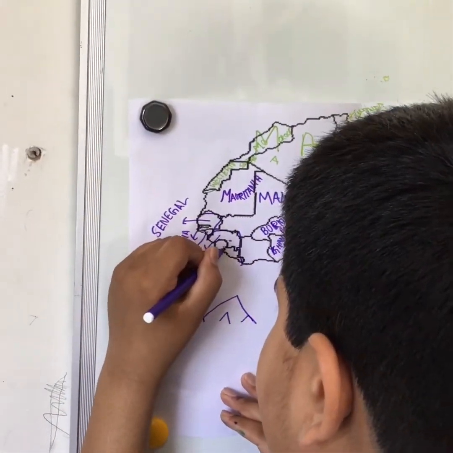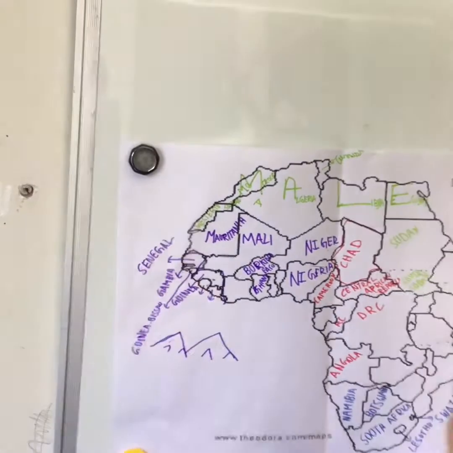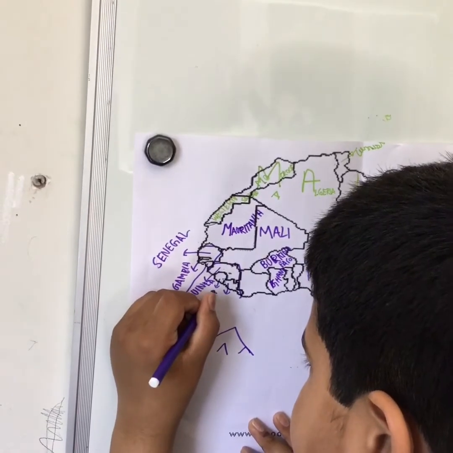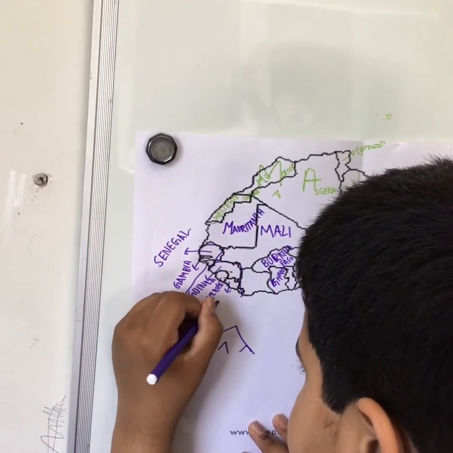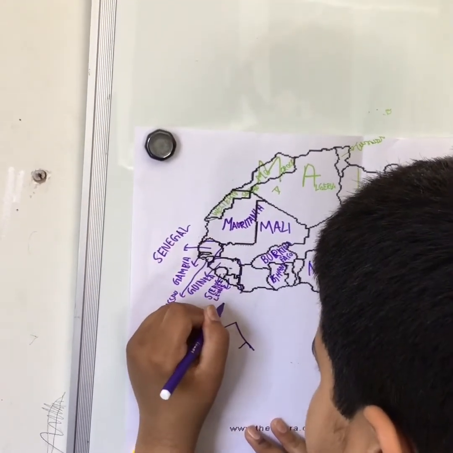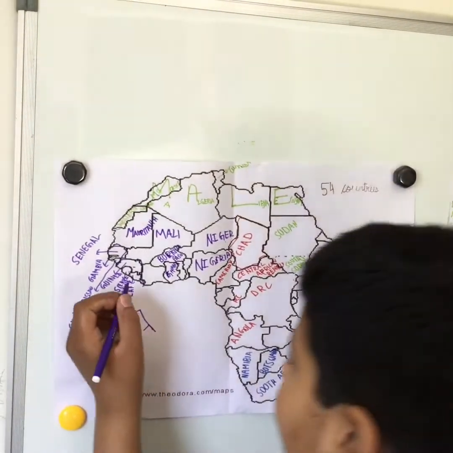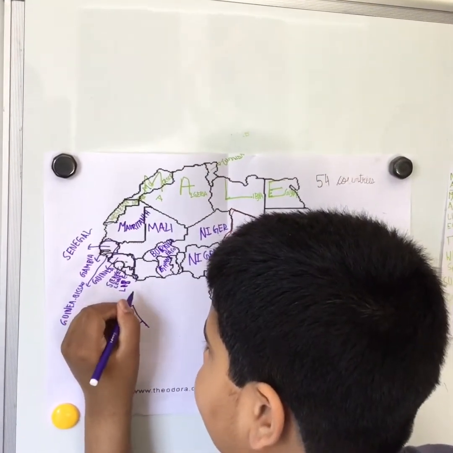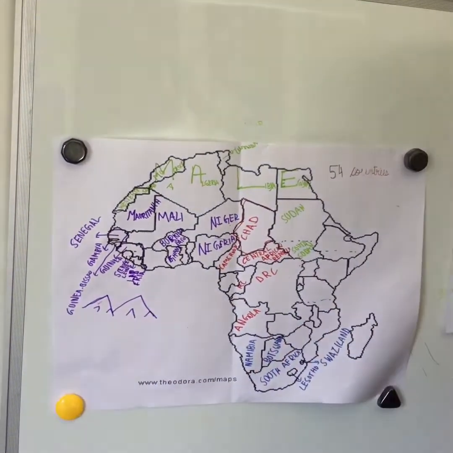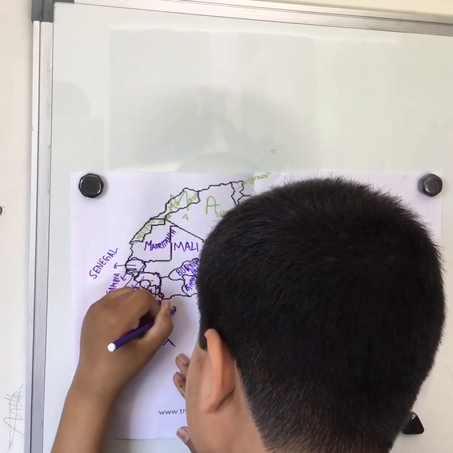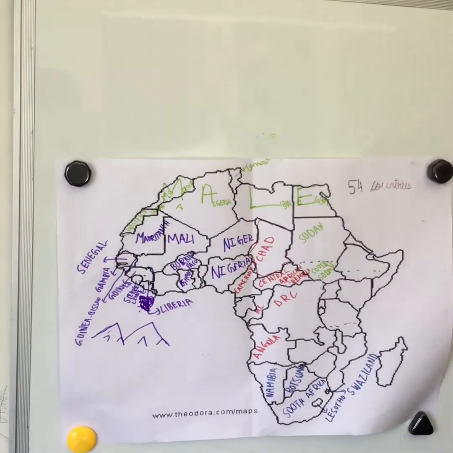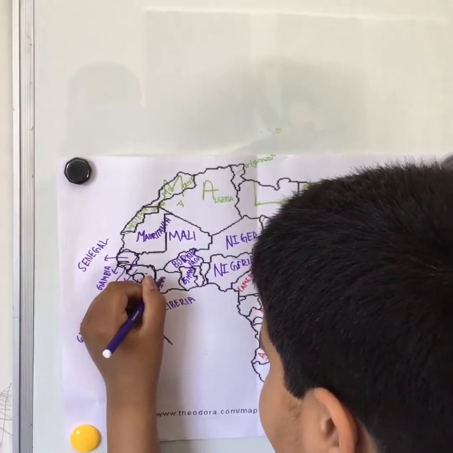And then this country is Sierra Leone, and this country is Liberia. And this country is Ivory Coast.